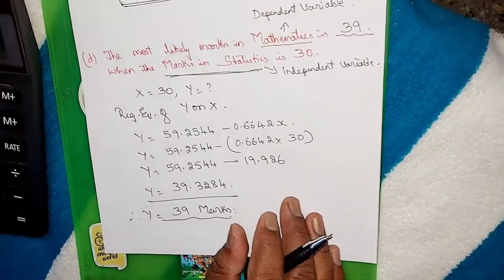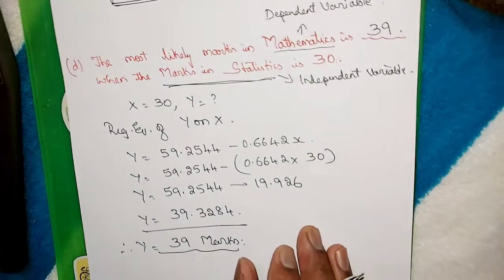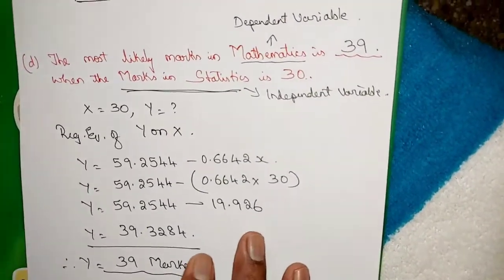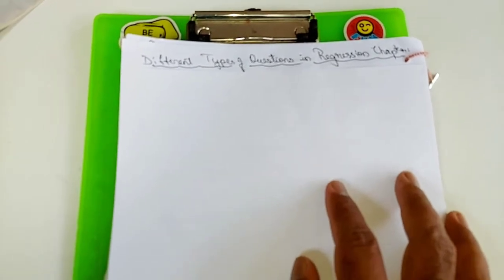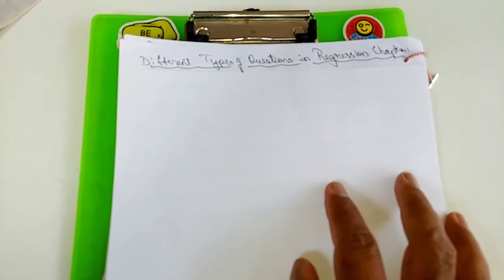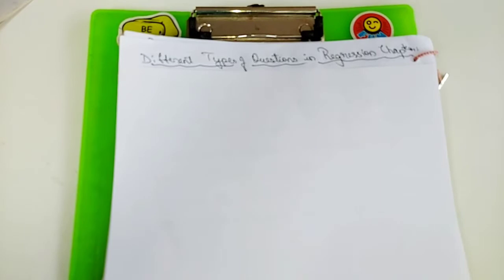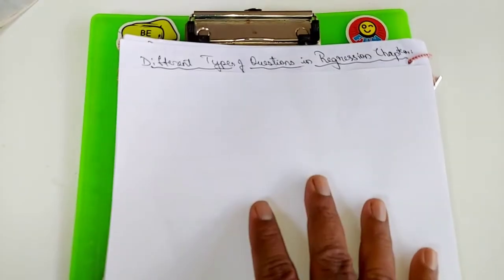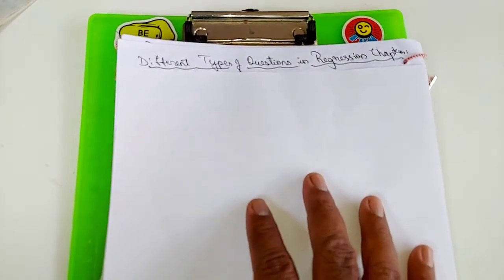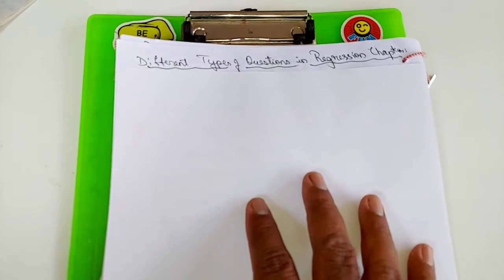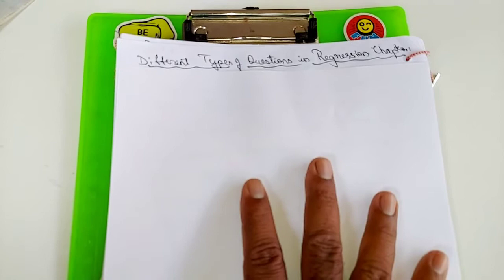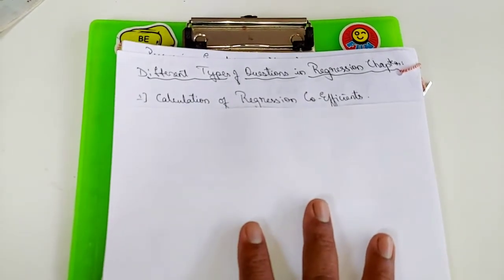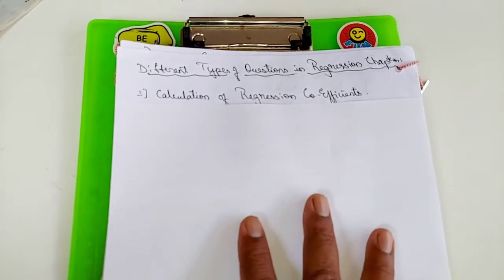So this is how we find out the various questions asked in our regression analysis. Till now, we have completed the entire chapter of regression analysis, and we have tried to solve different types of problems in this chapter. So let us recap what we have tried to solve. The very first thing that we tried to find out is the regression coefficients.